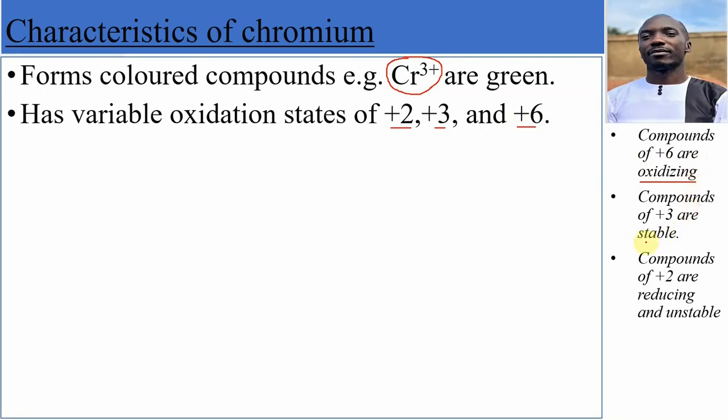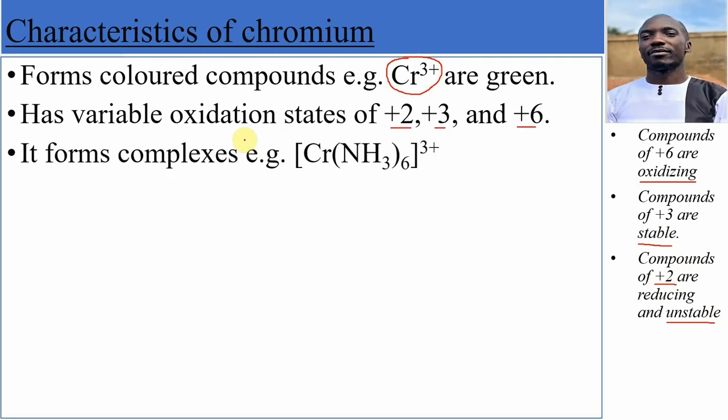Then compounds of +3, we said they are stable, and this is the most stable oxidation state of chromium. Compounds formed in +2 oxidation state are reducing agents, and again they are unstable.